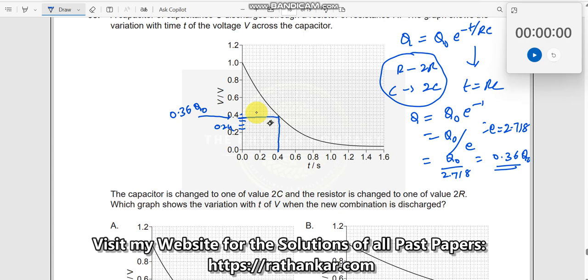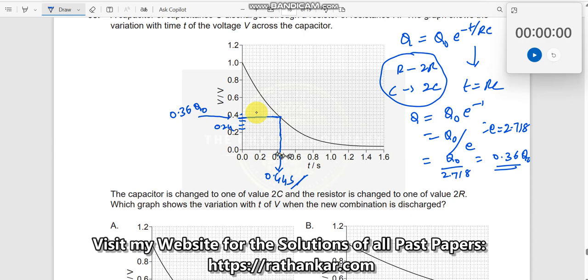Somewhere it touches over here, right? Where does it touch? It exactly touches over here. Let me just rub it and show it to you. It touches somewhere over here, which corresponds to the line immediately after 0.4, which is somewhere around 0.44 seconds.